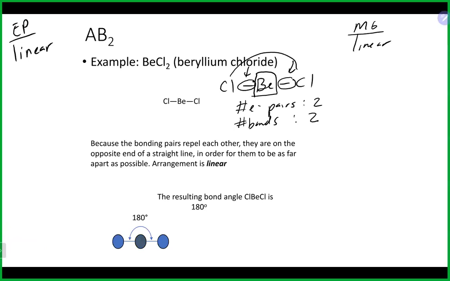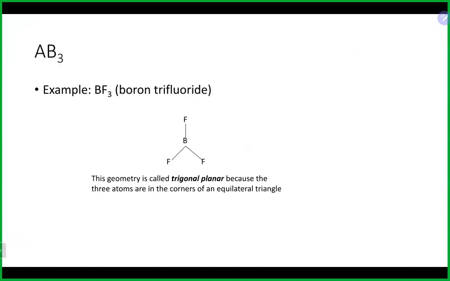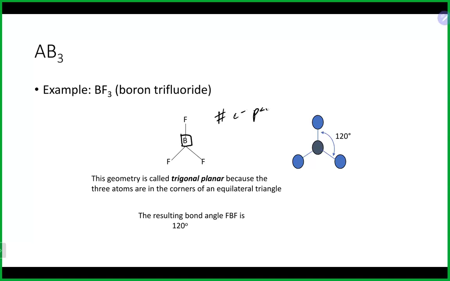The next example is one where we have a central atom and 3 things attached. So once again here, if we look at our boron in the middle, the number of electron pairs around that boron is 3. 1, 2, and 3. Something with 3 electron pairs, the electron pair geometry is arranged in what is known as trigonal planar.